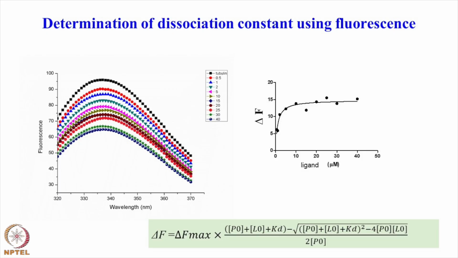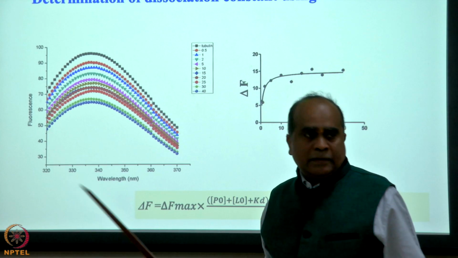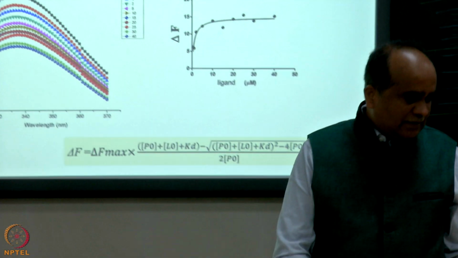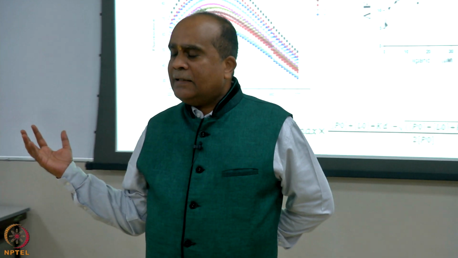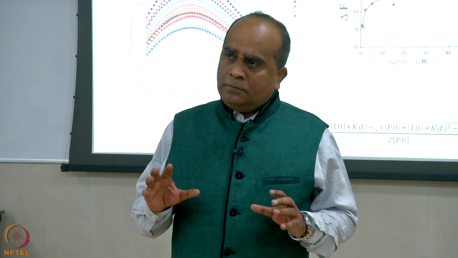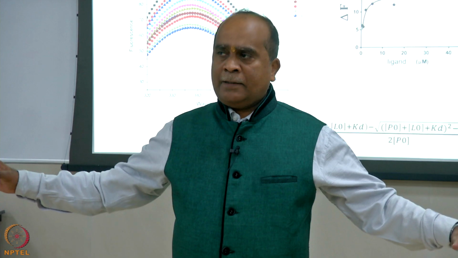Now, here is my tubulin, and there is a ligand that we are adding. So, tubulin is here and then we are adding a ligand. Why do we want to add a ligand? As I said, all the cancer drugs are targeted towards tubulin. Tubulin is a monomeric unit, its polymeric unit is microtubule.